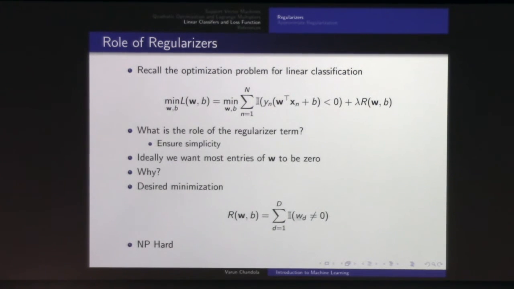But again, since this has this indicator function, this whole function again becomes a hard optimization problem, because this is sort of a step function, right? Again, indicator functions are all steps. So what different methods do is they approximate this with some surrogate regularizer, all right?